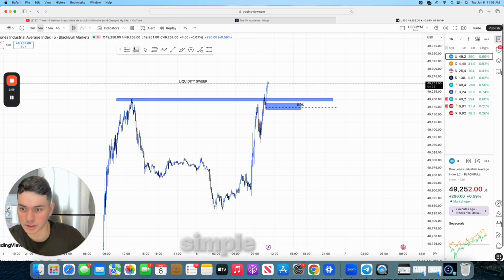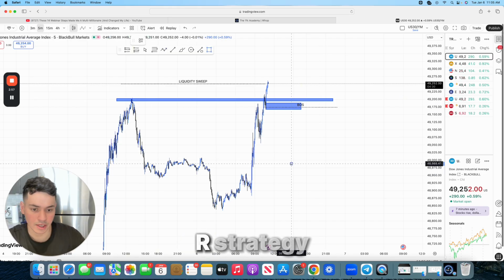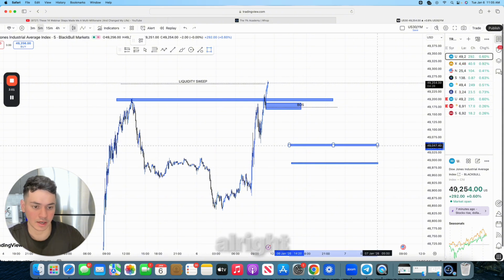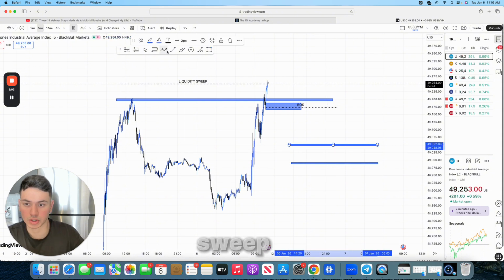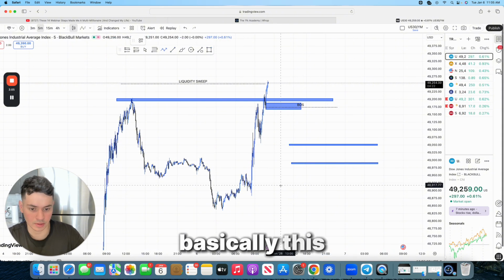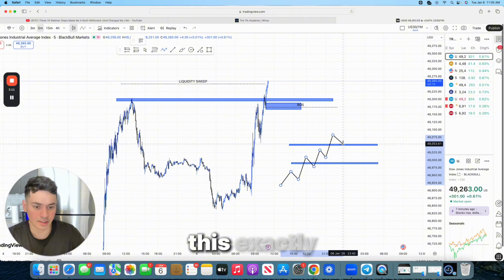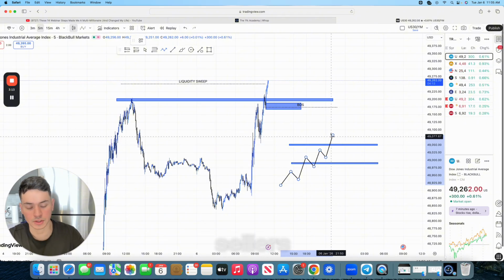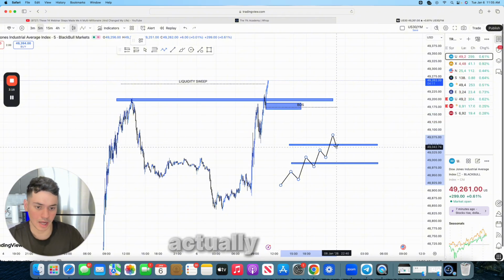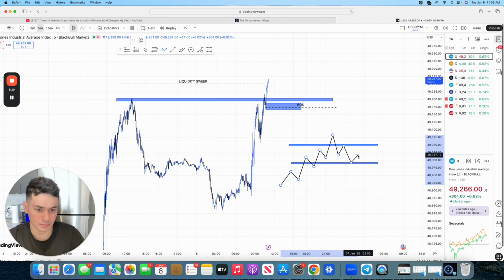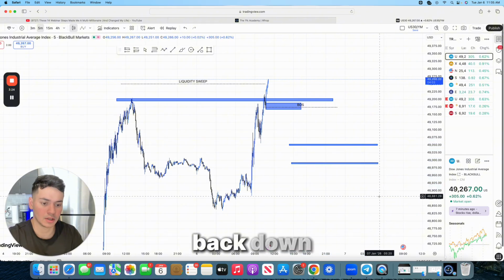In simple terms, this is the TJR strategy. We have support and we have resistance. A liquidity sweep is basically this, exactly right here: faking out the sellers that it's going to keep going up, but it actually comes back down to the original price point and goes down as it was supposed to.